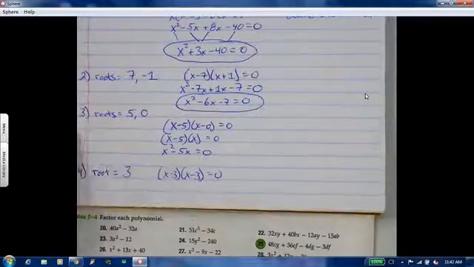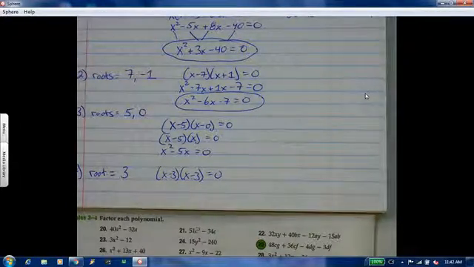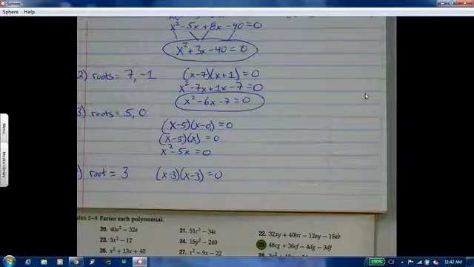You'll use this on the very first question on the assignment, because they just give you a single number.